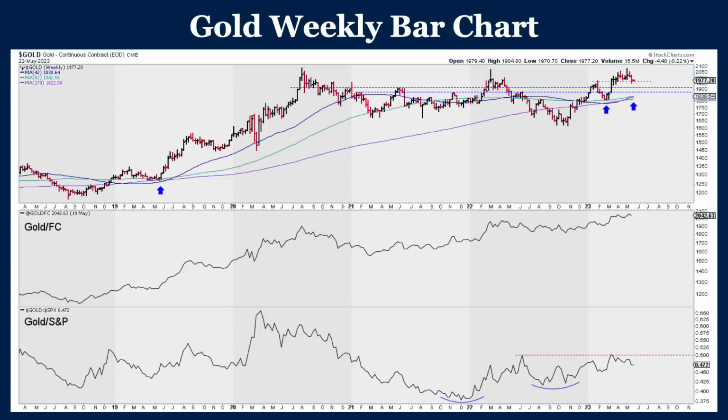So after that, you have those two other lines, the horizontal lines, the first one coming into play right around 1900, and then you have another one around 1880. So those are key support levels, assuming gold breaks 1980. And if you go back and you look at the consolidation or the correction over the last 2.5 years, you can see that quite a few times gold has made peaks, be it at 1900 or 1880.